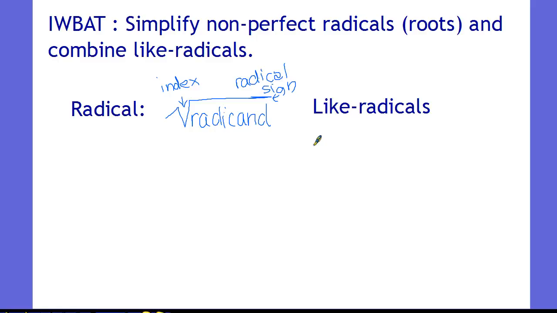Hopefully that's not your first exposure to all of the parts of a radical. Okay, so there's a radical. And we're going to be combining like radicals. I'm going to give you some examples of like radicals so that we can identify them when we're working on our assignment today. An example of like radicals could be this: 3 square root of 2 and negative 5 square root of 2.